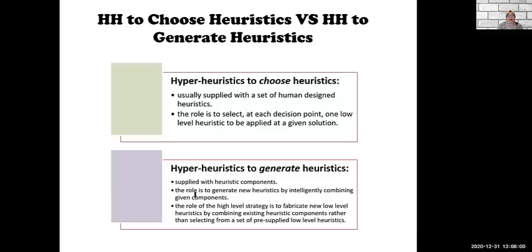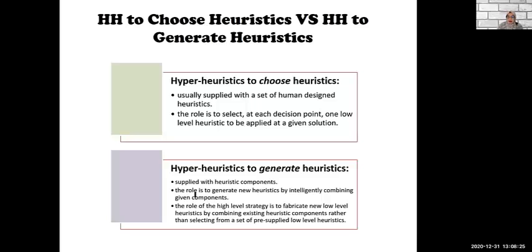So the role of the high-level strategy is to fabricate a new low-level heuristic by combining existing heuristic components rather than selecting from a set of pre-supplied low-level heuristics. This is the difference between hyper-heuristic to generate heuristic compared to hyper-heuristic to choose heuristic.